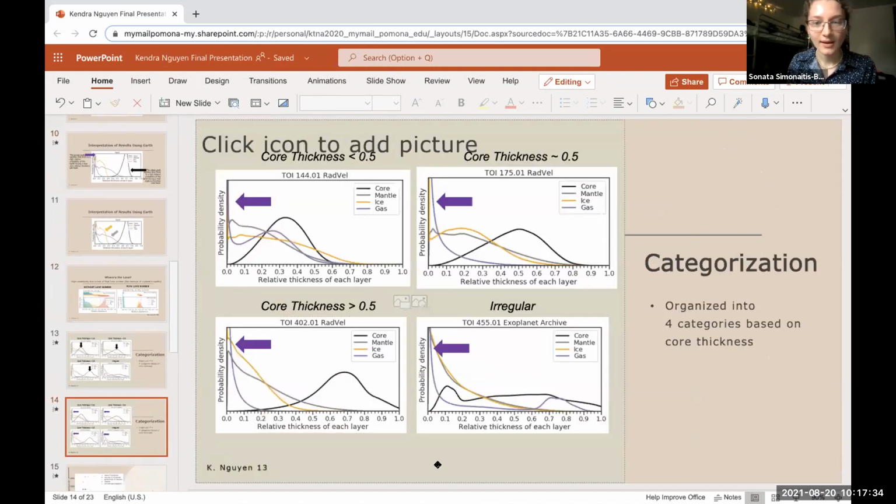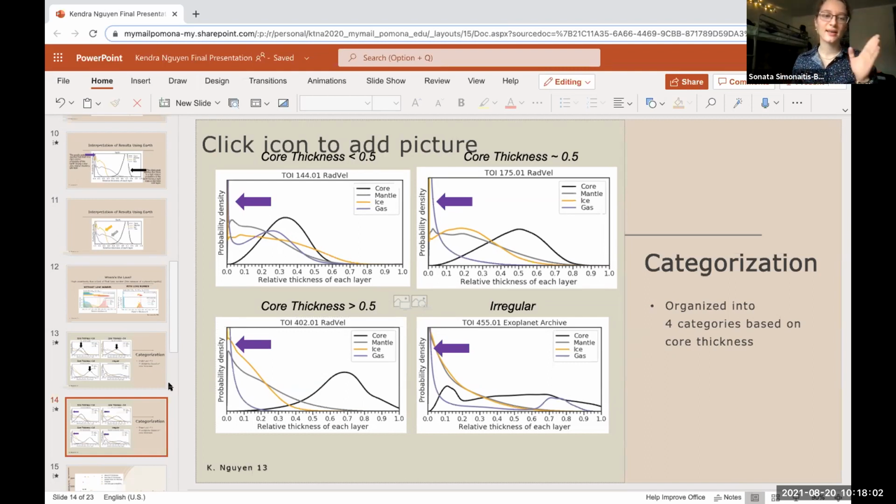Okay. Yeah, so when you were talking about probabilities, I got a little bit confused because I was trying to figure out how it is that you determine the probabilities. Because on some of these there was a very high probability density of having a very low core thickness, but then sometimes there were peaks in other places.